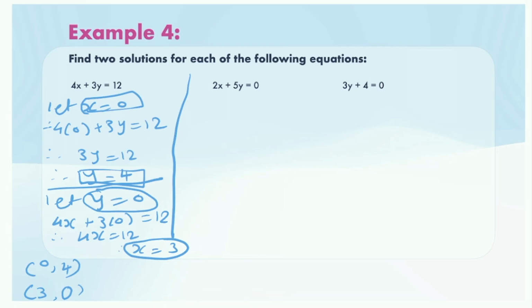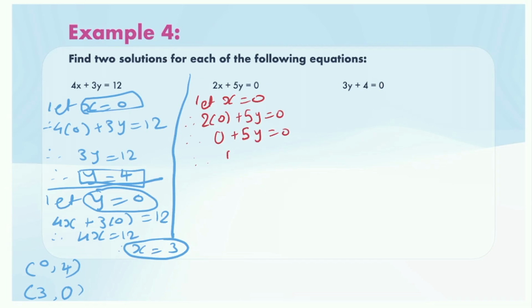Now if you see 2x plus 5y equal to 0, let us put x equal to 0. So if I put x equal to 0, my equation will be 2 in bracket 0 plus 5y equal to 0. So it will be 0 plus 5y equal to 0.